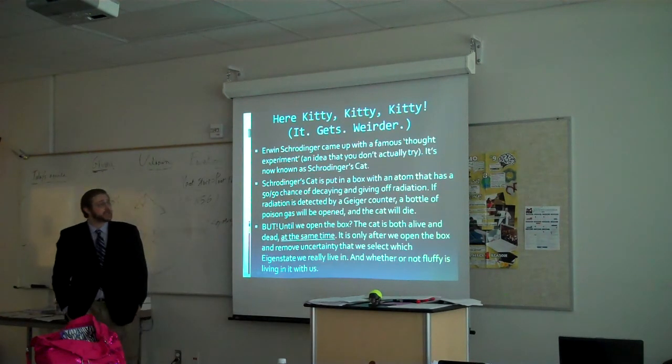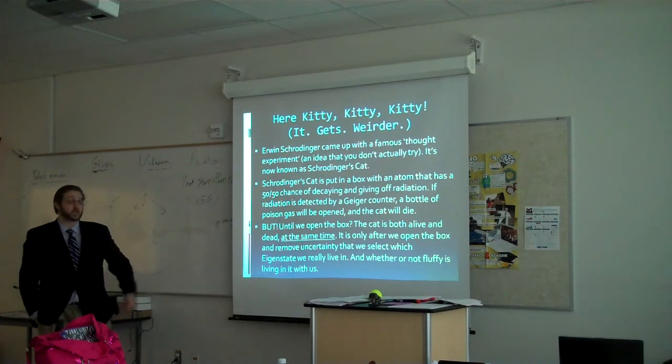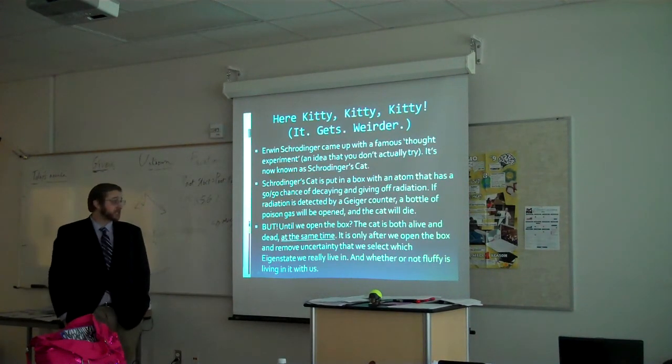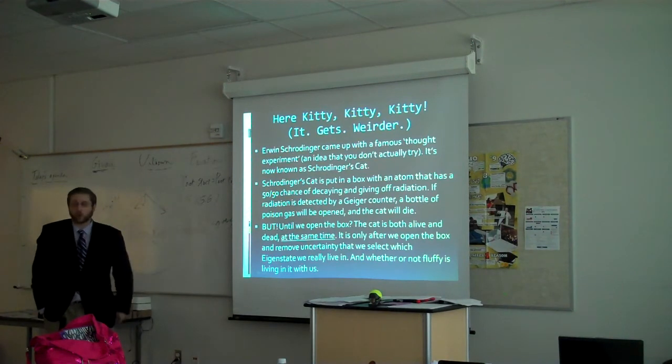Now, Schrödinger's cat is put in a box with an atom that has a 50-50 chance of decaying and giving off radiation. If radiation is detected by a Geiger counter, a bottle of poison gas will be opened, and the cat will die. But until we open the box, until we measure, until we observe, the cat is both alive and dead at the same time.